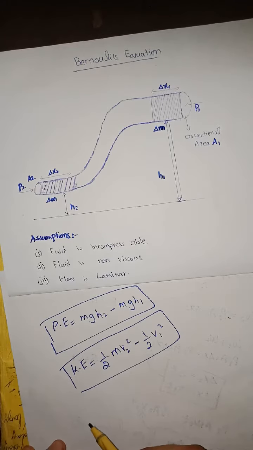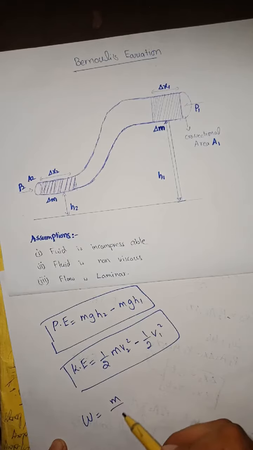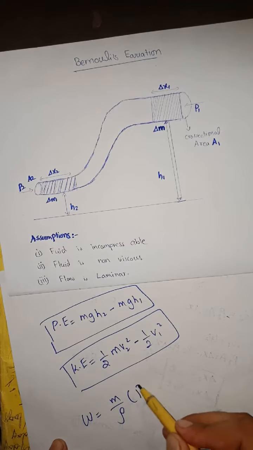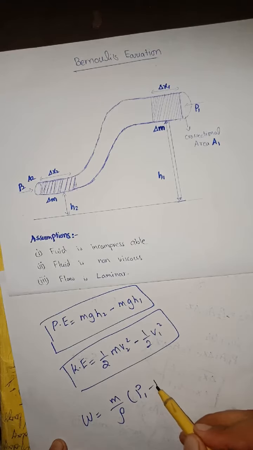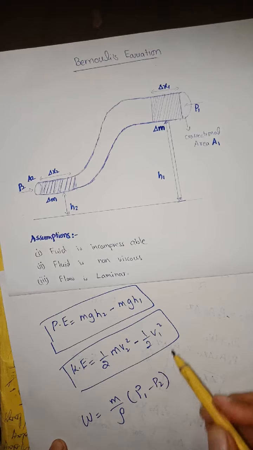Previously we have found that W is equal to mass by rho into P1 minus P2.